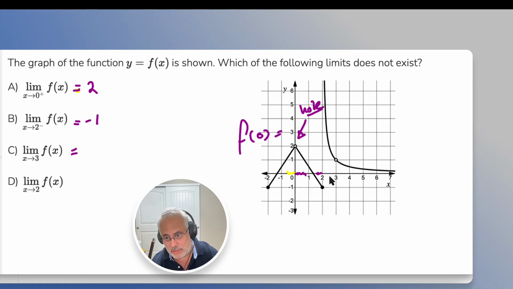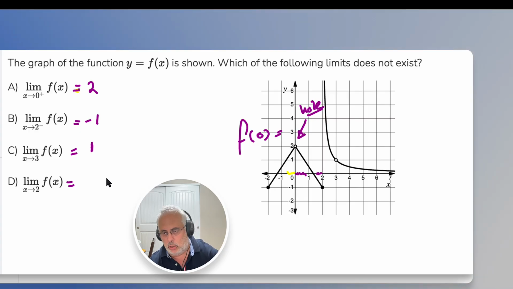So from the left, when the function is approaching 3 from the left, the limit is 1. And when the function approaches x equals 3 from the right, the limit is 1. So the limit exists here because the two sided limits are the same. Final one.